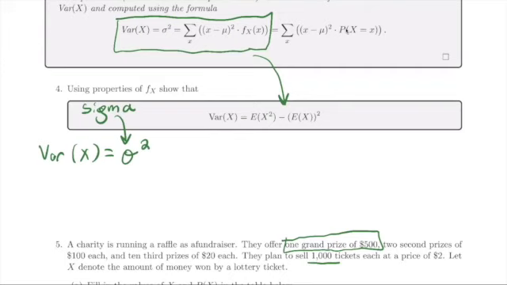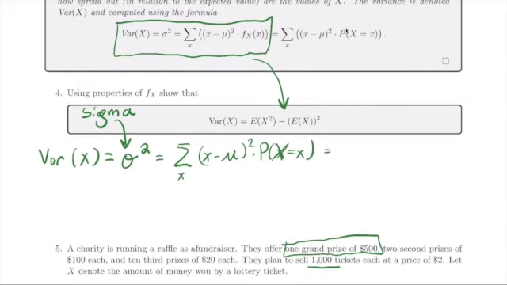We often denote the variance with the Greek letter, lowercase sigma squared. So just be aware that this notation and this notation might get used interchangeably. And so by definition, we should calculate this.